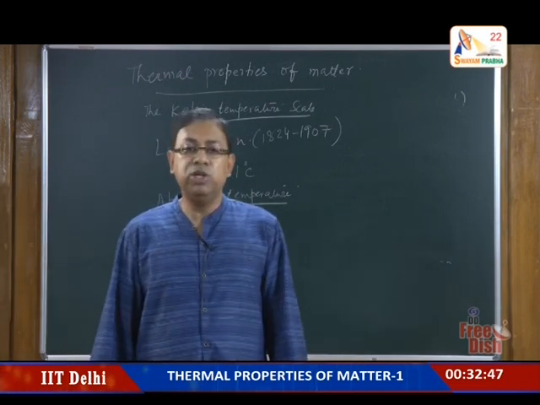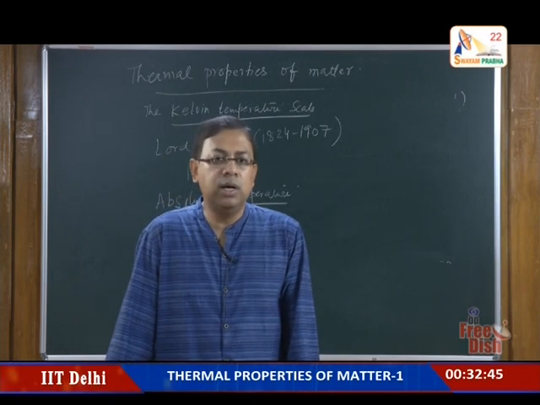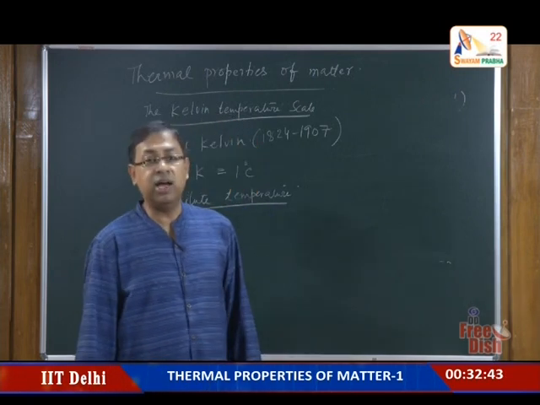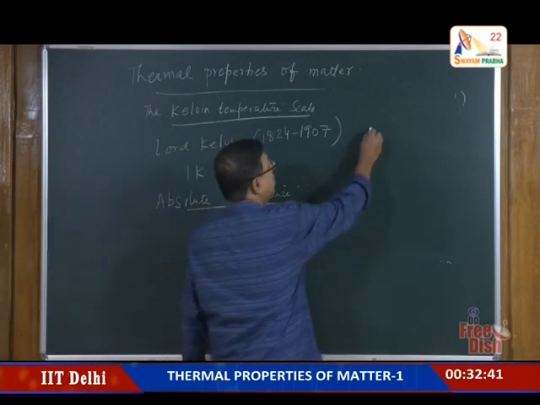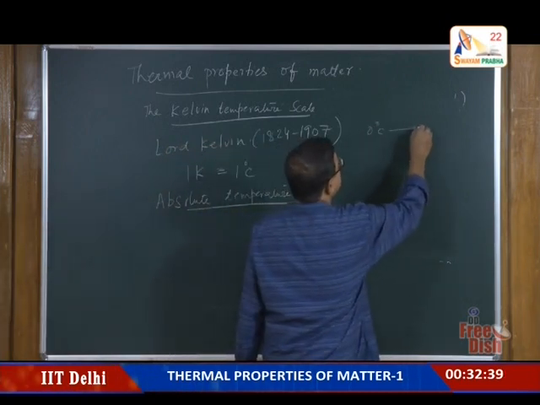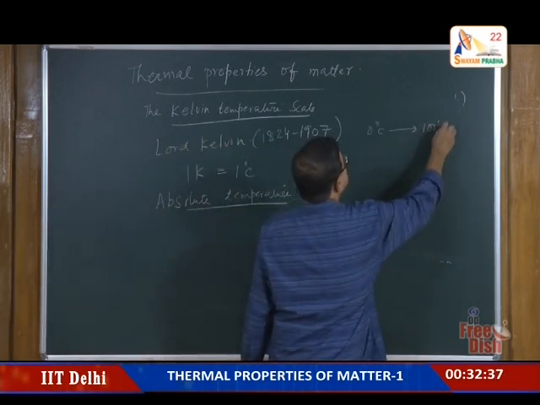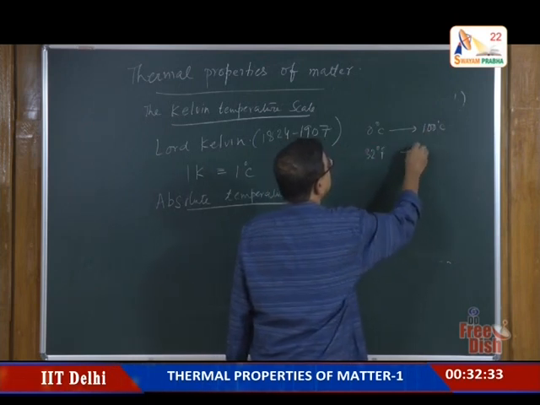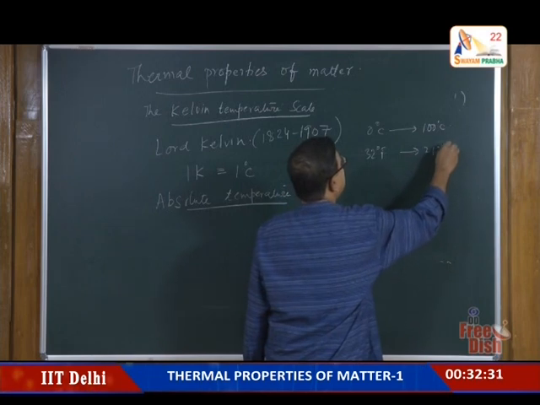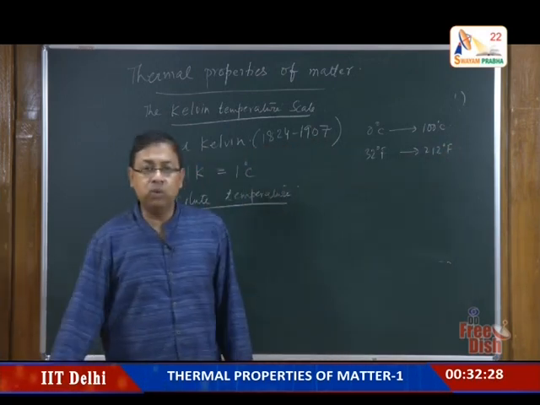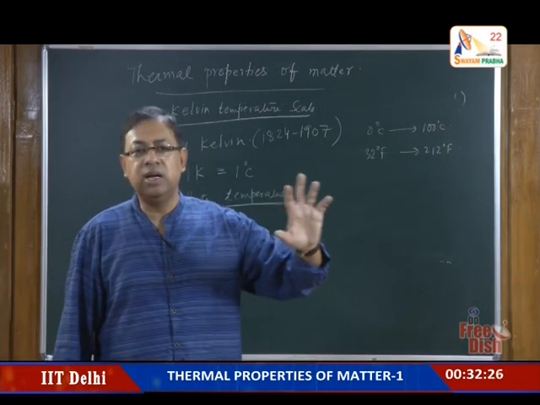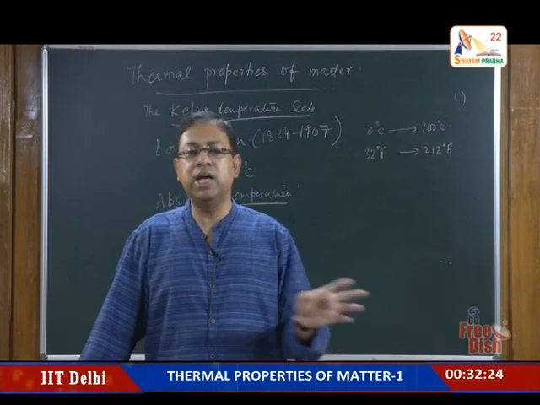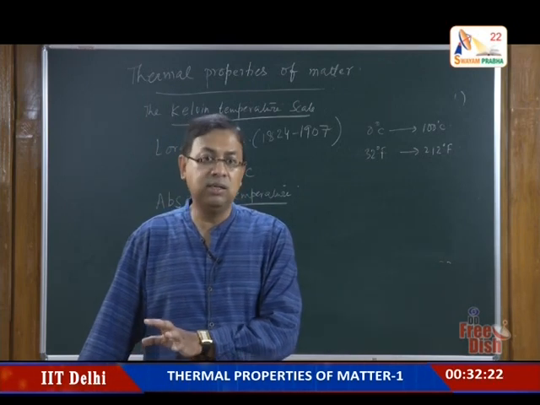Remember, when we talked about the Celsius scale and the Fahrenheit scale, we talked about 0 degree centigrade to 100 degree centigrade and 32 degree Fahrenheit to 212 degree Fahrenheit, and both were benchmarked against the ice point at one end and the steam point at the other.